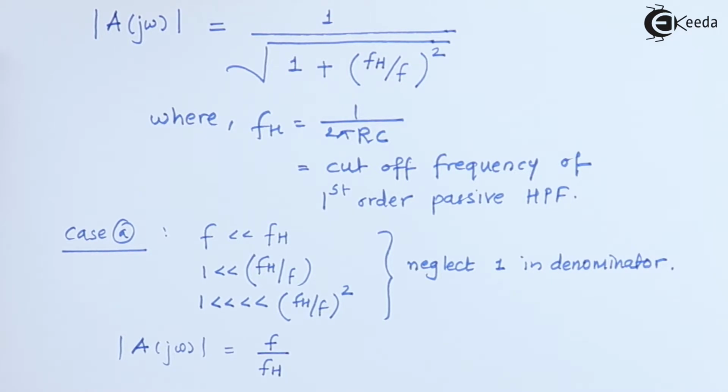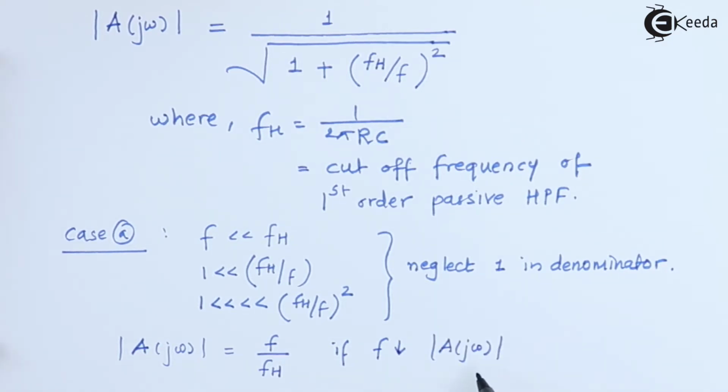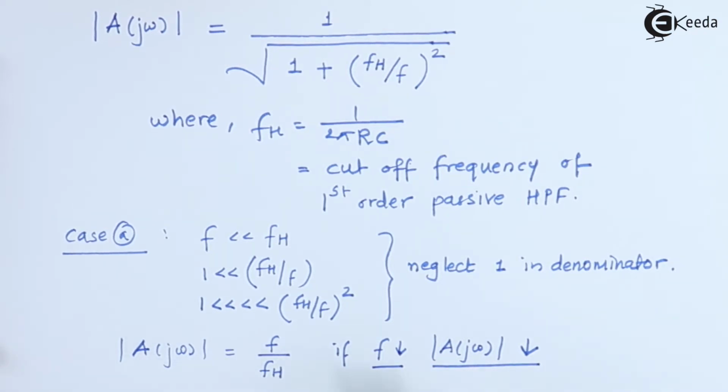Now here I will get to know that if f is decreasing, then the value of this gain will also decrease. If f decreases, A of j omega decreases, and that is nothing but the first case. I will mark this as number 1.